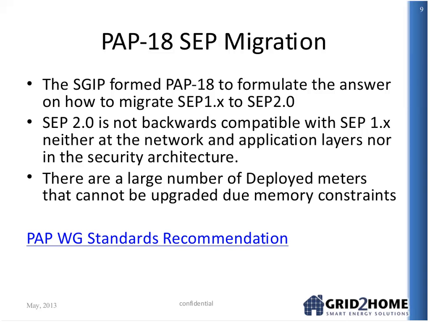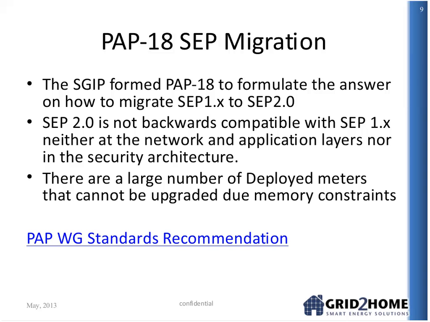The issue that had to be dealt with is when you move from a non-IP to an IP version, you end up with no backward compatibility. You cannot get compatibility between SEP1 and SEP2, neither at the network or the application layer, nor in the security architecture at all.